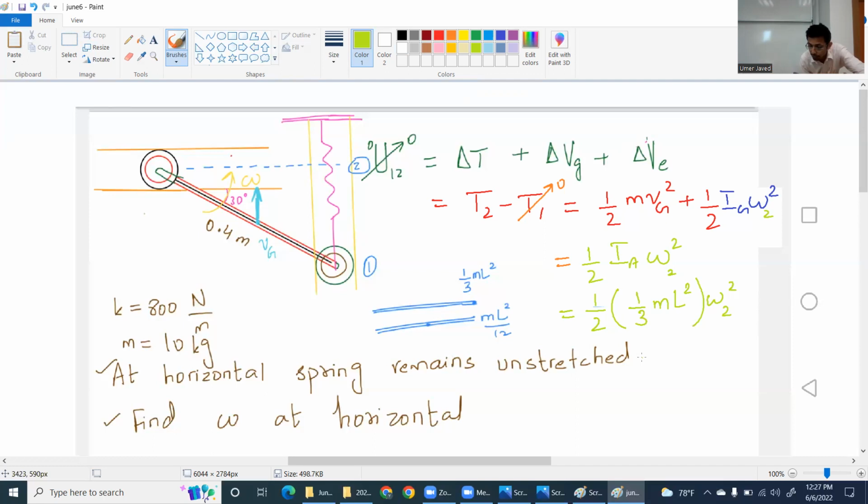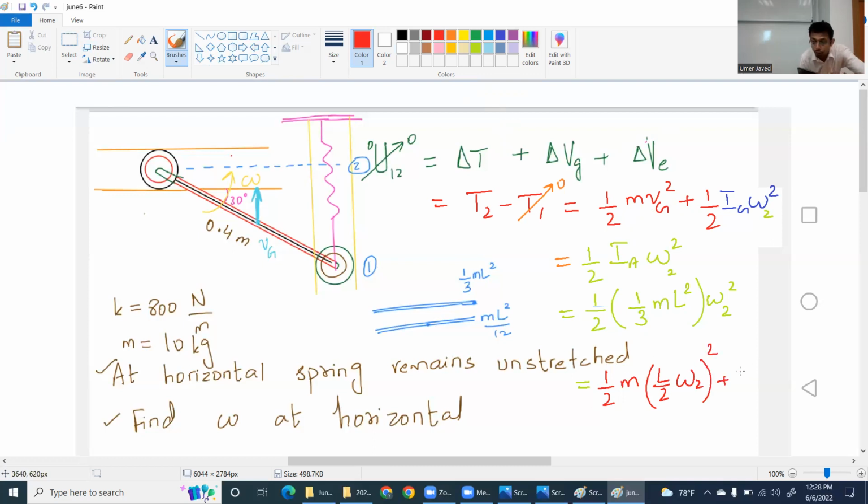Now, if you don't like this and it really confuses you what I just did, and you want to follow the original expression, then I will help you with that one. Half m. What is Vg, by the way? Vg is equal to R omega, so R is L by 2 omega 2 square.